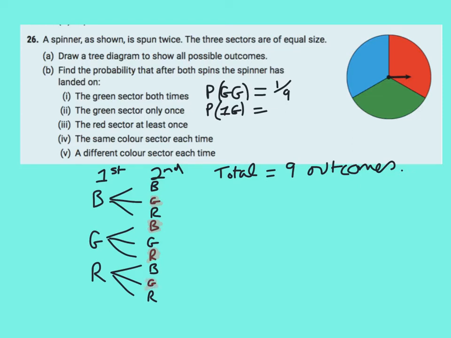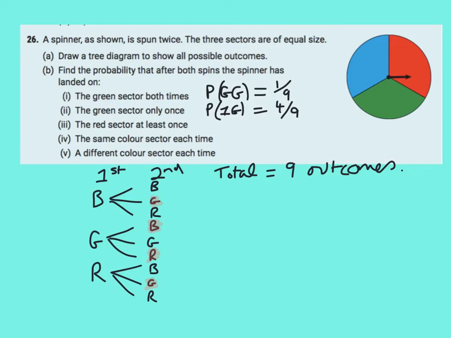So if I count them up, I have 1, 2, 3, 4. So my total there is 4 over 9. Again, any questions, pop them into the chat.